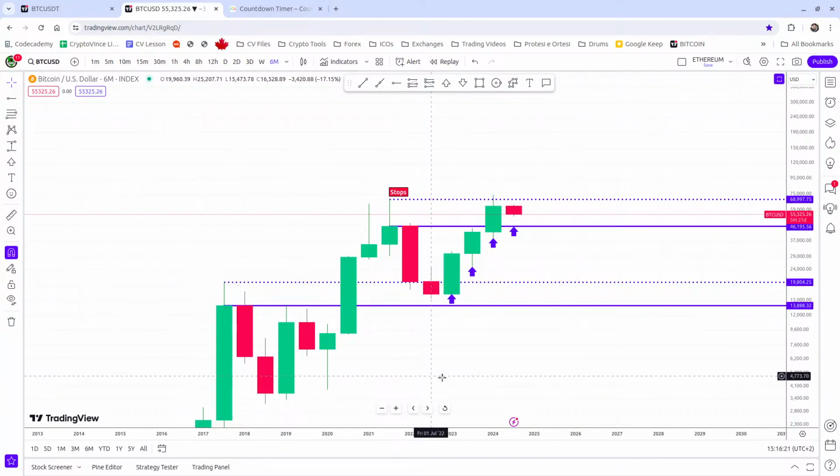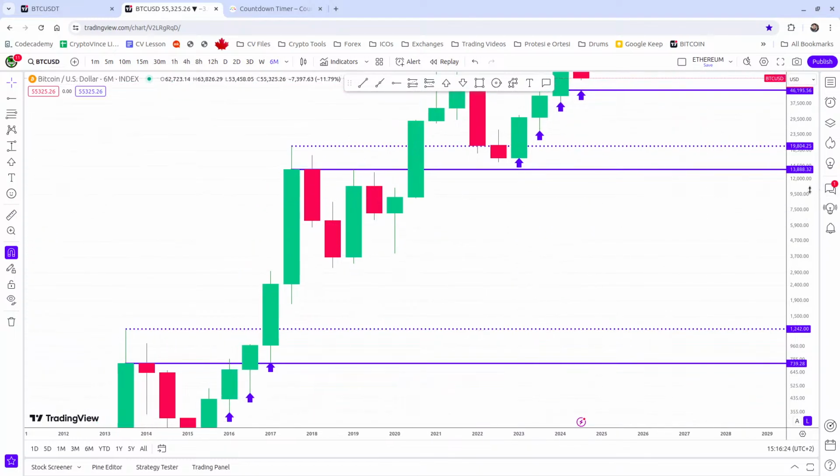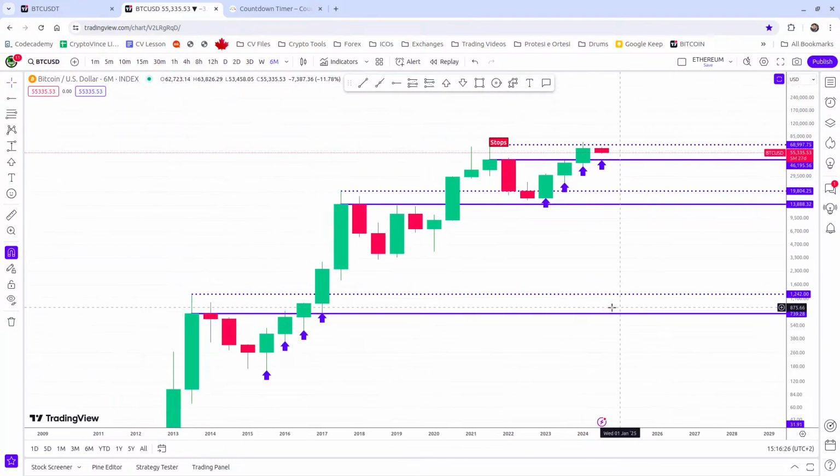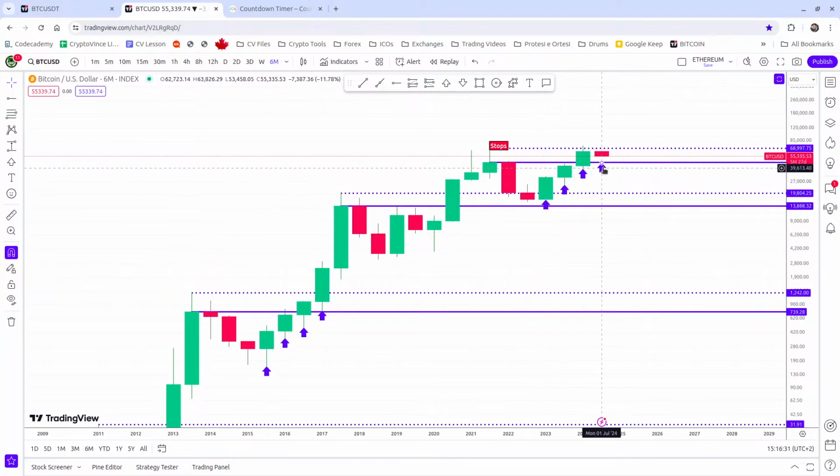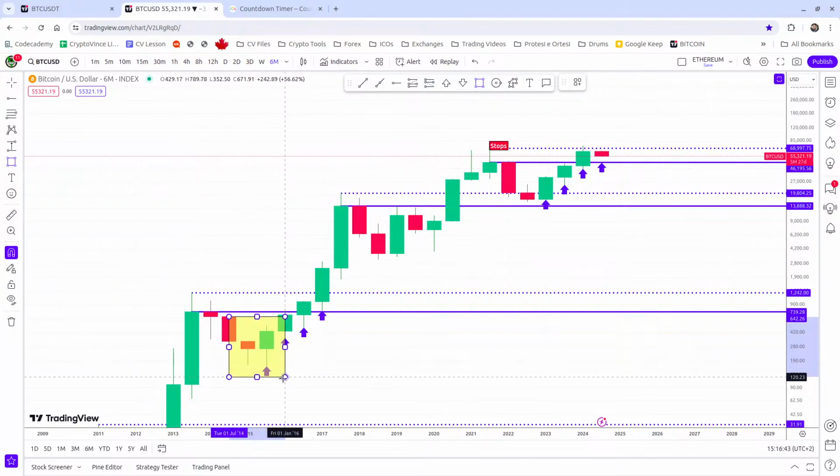What else is cool to see in the 6 months chart? And then we can already go to the weekly. The bullish engulfing on every single move. Every time it retraced, we have those two candles, the green one higher than the first one, which is a bullish engulfing, signaling probably a move upward.